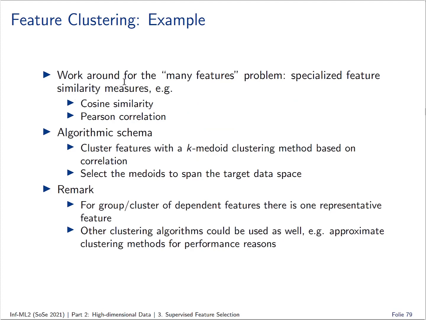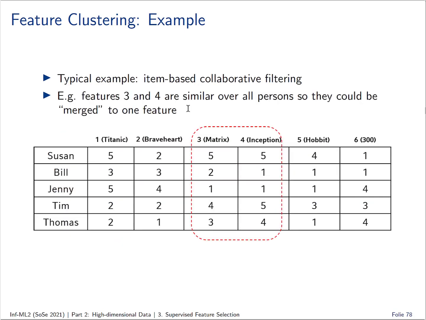And of course, very often we need a workaround for this many-feature problem, because, as I said before, we have many original observations and not so many features. If we transpose the whole thing, we have a lot of features. The original rows are now the columns, so we have a lot of columns, and the original columns are now the rows, and we have many more columns than rows.